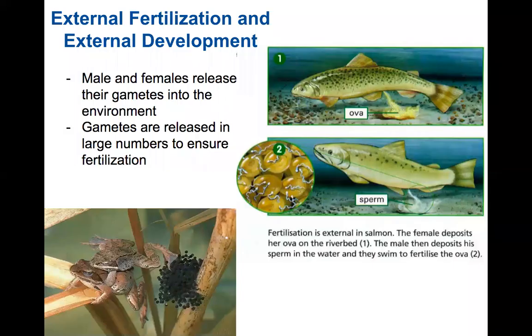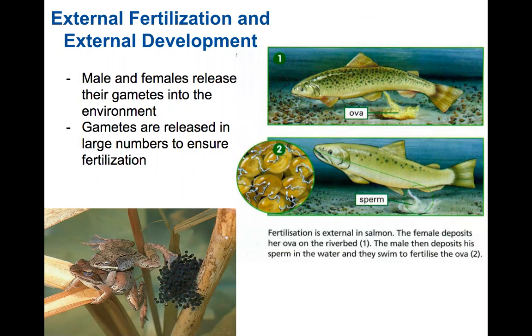In the case of external fertilization, the male is releasing the sperm into the environment, and then the female will be doing the same thing with her eggs. Now, the benefit is that you can release significant numbers of gametes into the environment, which means you can have many, many offspring in the numbers of hundreds to thousands at a time.